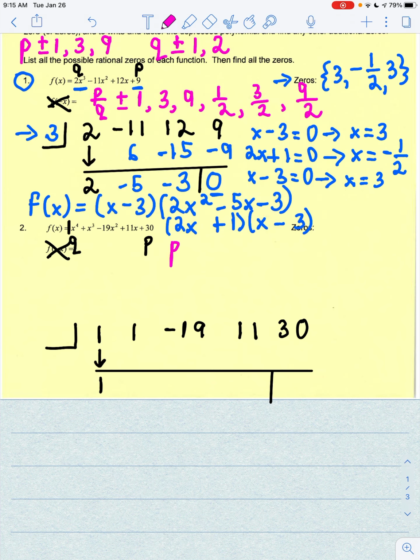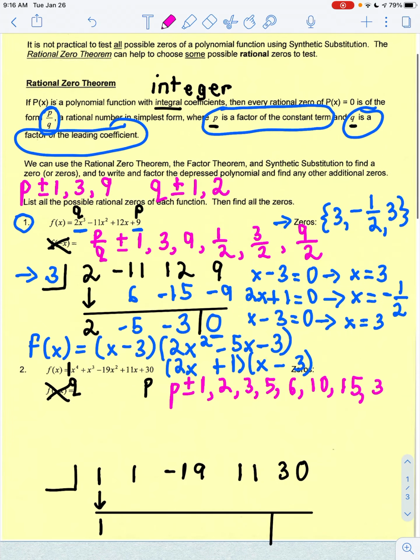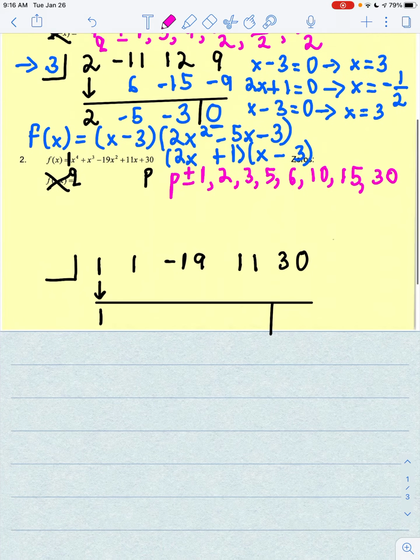My P factors for 30 include both plus and minus: 1, 2, 3, 5, 6, 10, 15, and 30. There are a lot of them. The Q factors, the good news is just plus or minus 1 because the coefficient is 1.